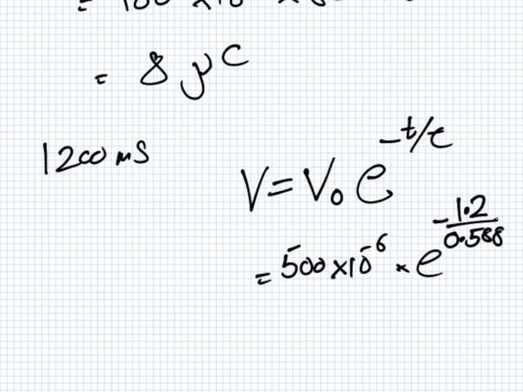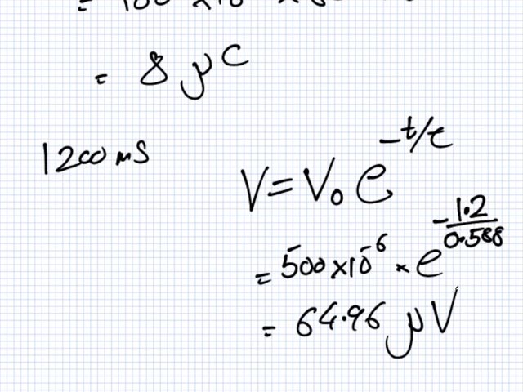Did you do it this way? Guys, you need to pick it up a bit now if you're trying to pass. Right, so this comes out as 64.96 microvolts. Is there another part of the question? Yeah.